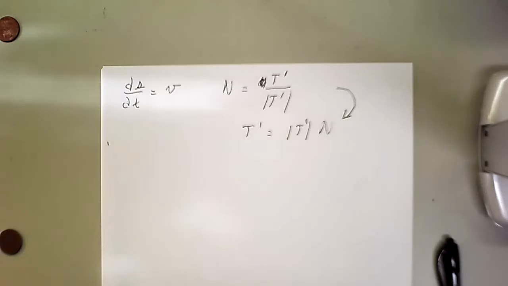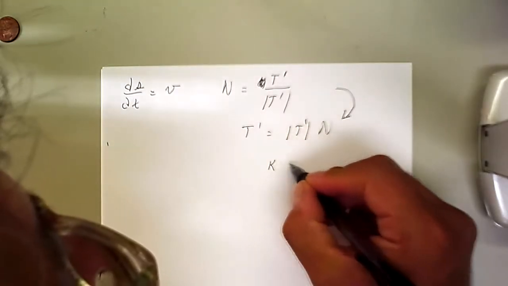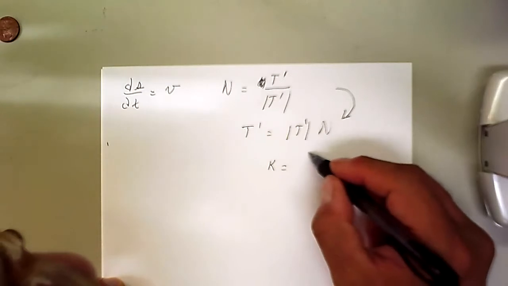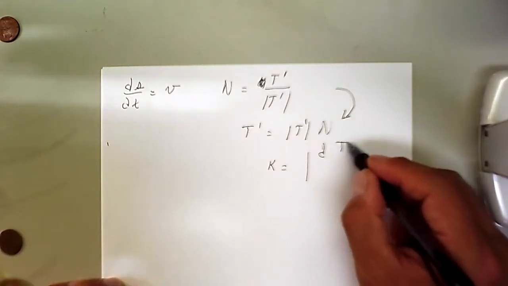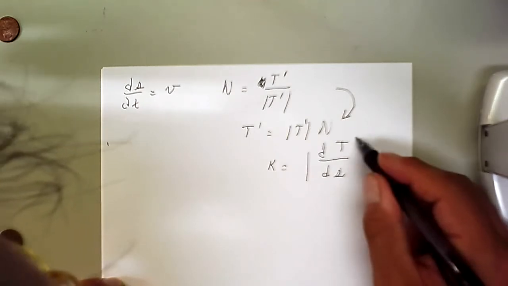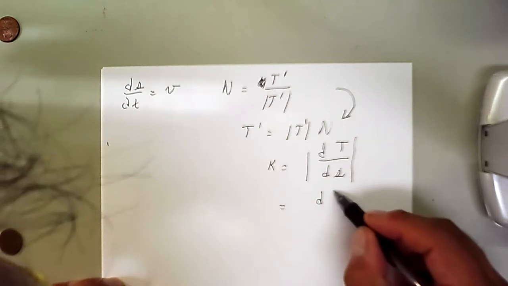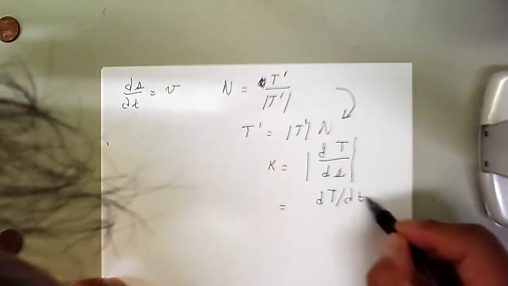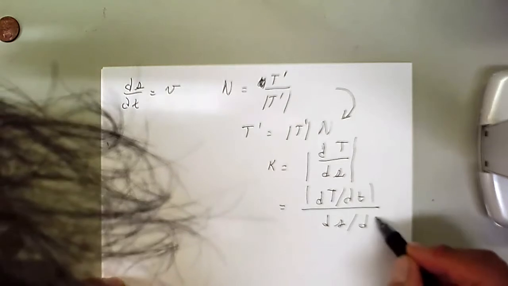The other part we need is the curvature. The curvature is defined as how much the tangent vector is changing relative to the length of the curve. Now, by the chain rule, this is dT over dt over ds over dt.